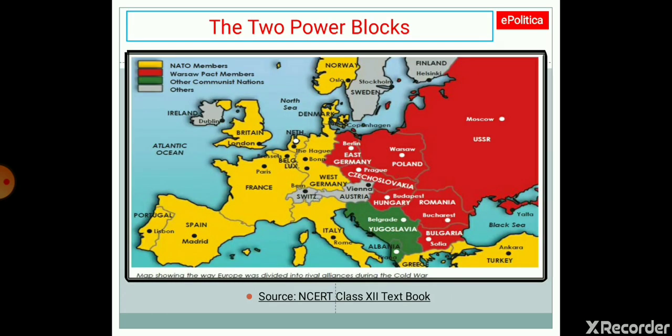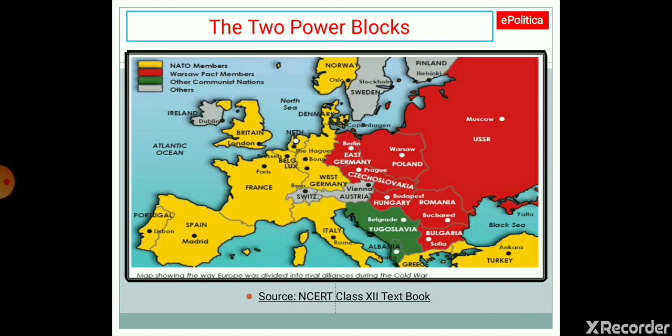Now, as you all know, in the previous module also, I have already informed you that after the Second World War, the world was already divided into two blocs. These two power blocs at the beginning were mostly proliferated in the European continent. If you look at this map, you can see how Europe was under the control of two superpowers.